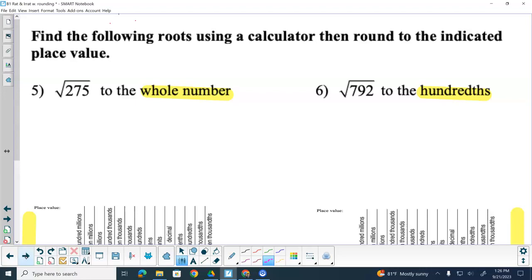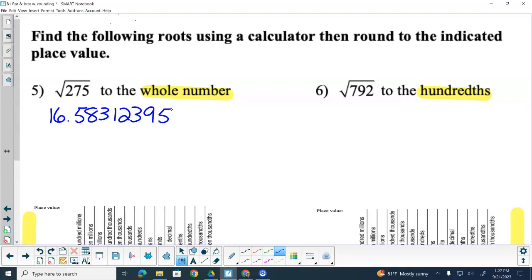On my calculator, I get 16.58312395. So that's what the square root of 275 is.